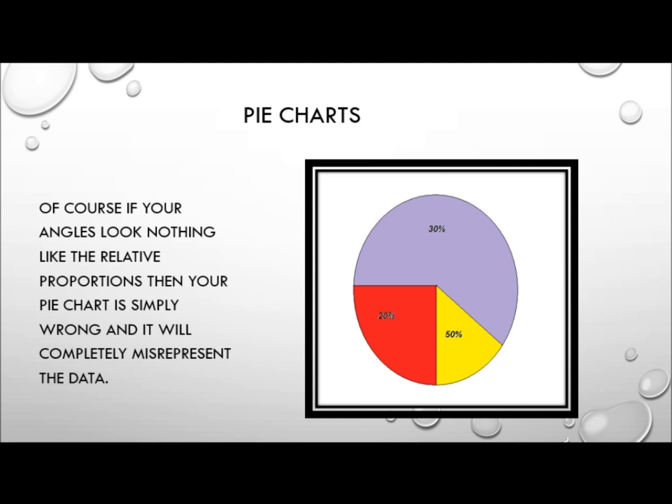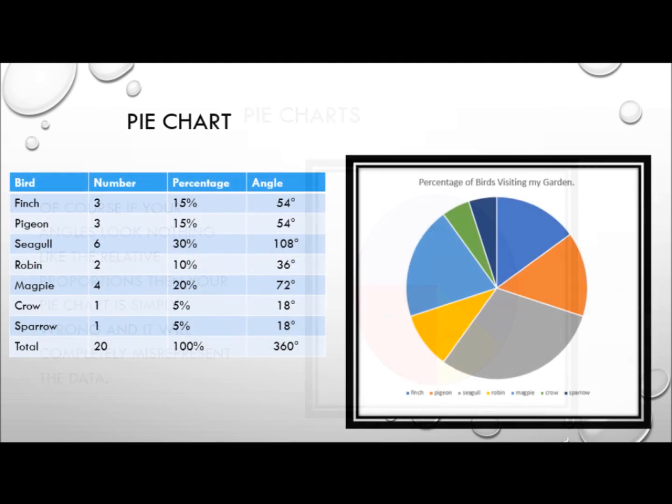So in this case of a very, very badly drawn pie chart, if your angles don't look anything like the relative proportions, then your pie chart is just plain wrong, and it will completely misrepresent the data. So strive to make your angles as accurate as you can, but don't cry if you're out by just plus or minus 1 degree, because nobody else is going to.